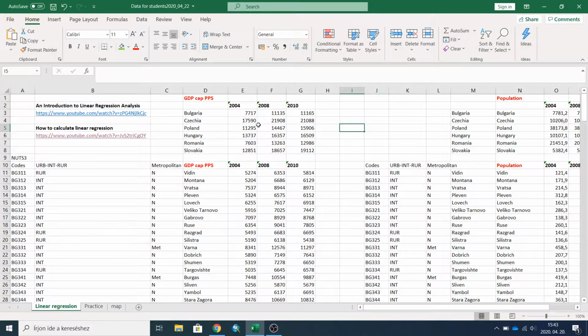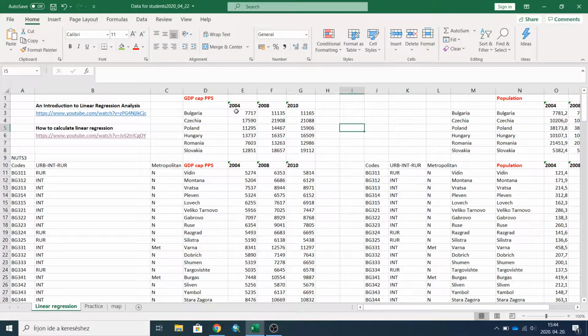About the mathematical background, I can't talk about it here. Please see these two YouTube links. After that, you have to analyze these economic geographic differences. So let's calculate linear regression models in Excel.